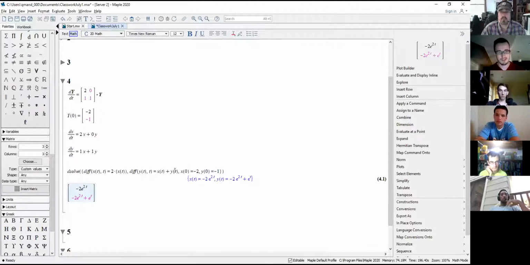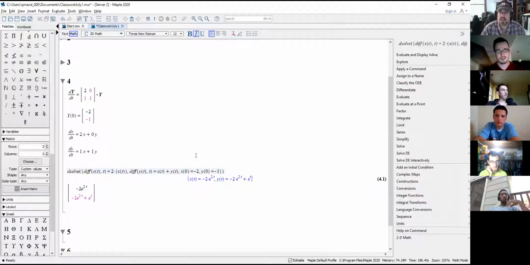And that was what I was going to ask at the very end, because we didn't specify what our dependent variables were. You chose dx/dt and dy/dt, but really that was just so you could communicate with Maple. In the end, it didn't matter whether it was x and y and t. In this case, t is defined by the problem, but x and y are just window dressing, right?